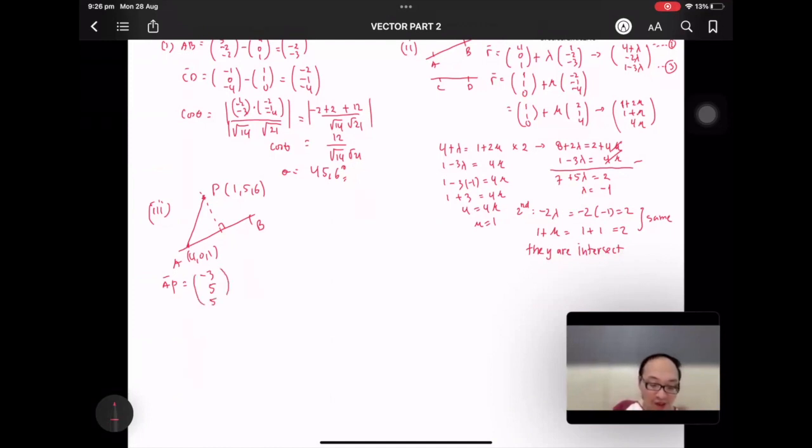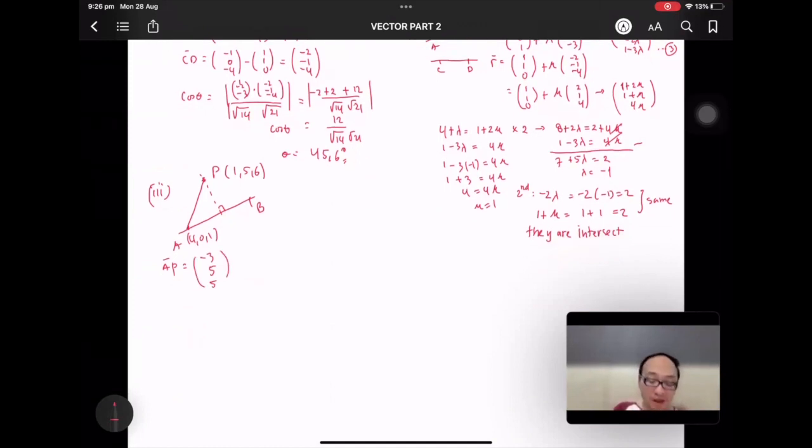So this is vector AP. And then we need the magnitude of AP, which equals the root of (-3) squared plus 5 squared plus 5 squared. So root of 50 plus 9, so root of 59.